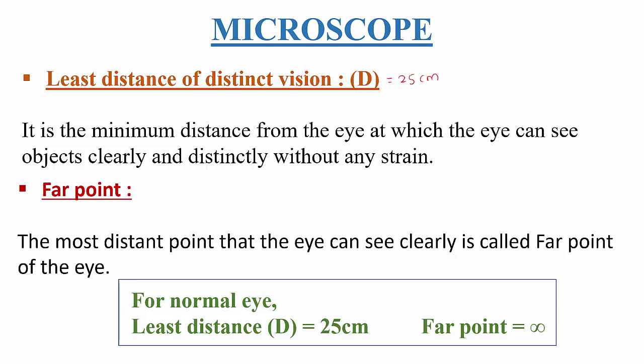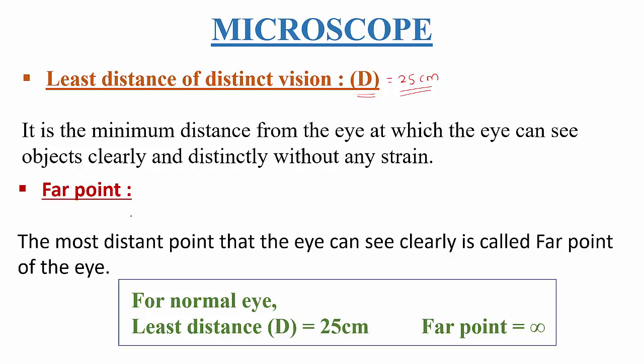The least distance of distinct vision is the minimum distance from the eye at which the eye can see objects clearly and distinctly without any strain, which is 25 centimeter, and it is denoted by capital D.